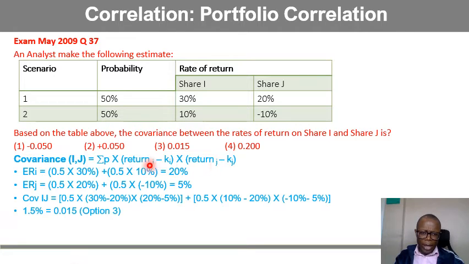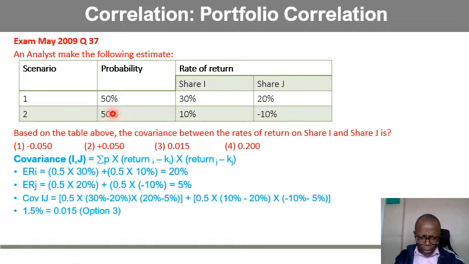So we now say 0.5 times return, which is 30%, minus 20, which is what we have here. Then we say times 20 minus 5, which is what we have in this part.